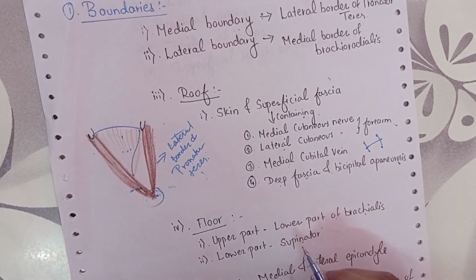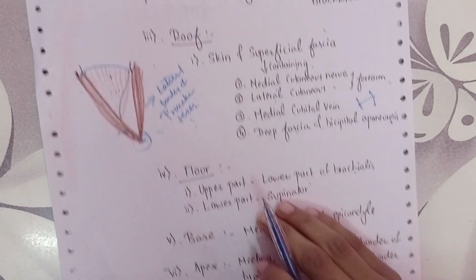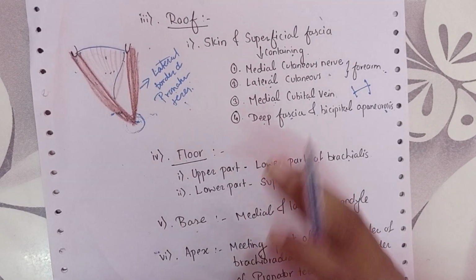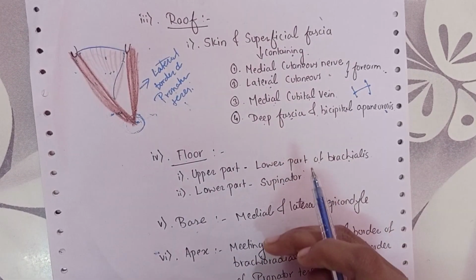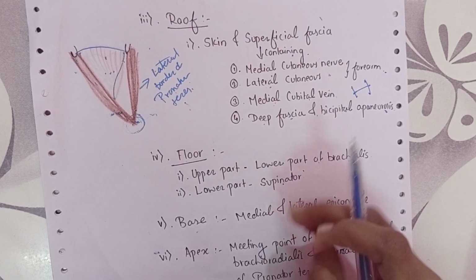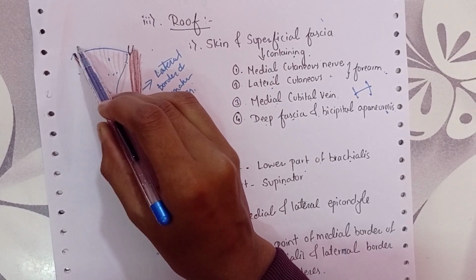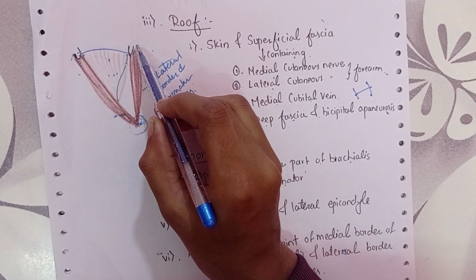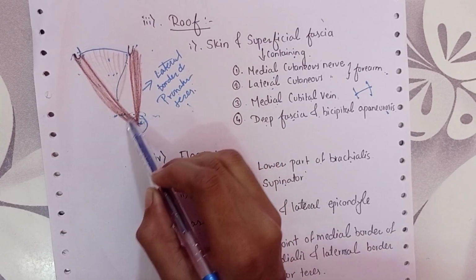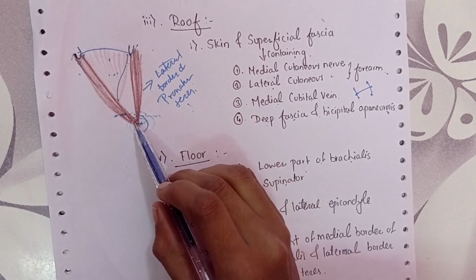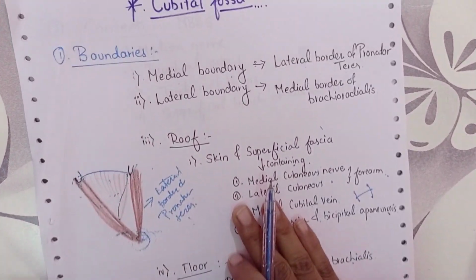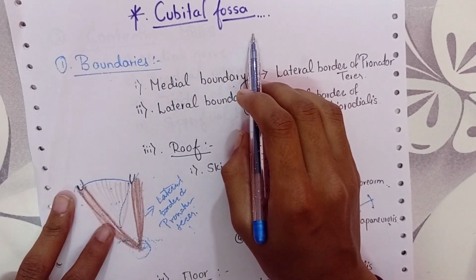Whereas the floor is made by the upper part and lower part. The upper part is by brachialis and the lower part is by the supinator muscle. The base is by the imaginary line drawn from the lateral epicondyle to the medial epicondyle, and the apex will be the meeting point of these two muscles. In this way, we can see the boundaries of the cubital fossa.